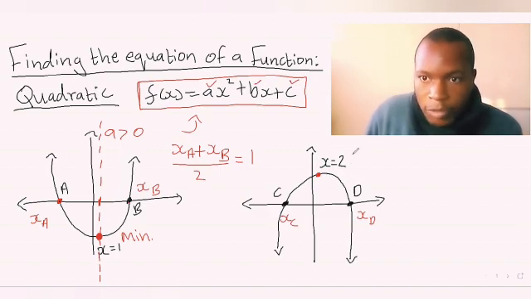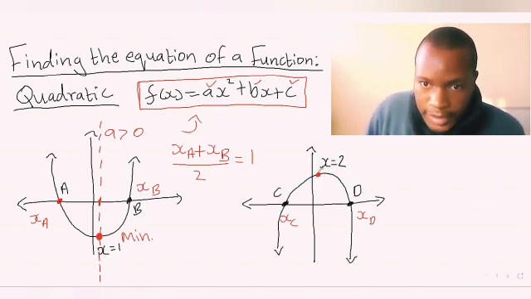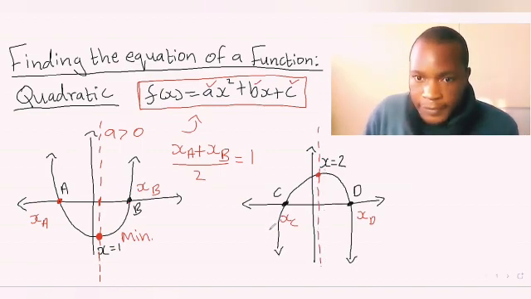We can also say that x equals 2 is at a maximum. If you sub this x equals 2 into the equation, you would get a maximum y value. Again, this is just your axis of symmetry, which cuts your graph in half.